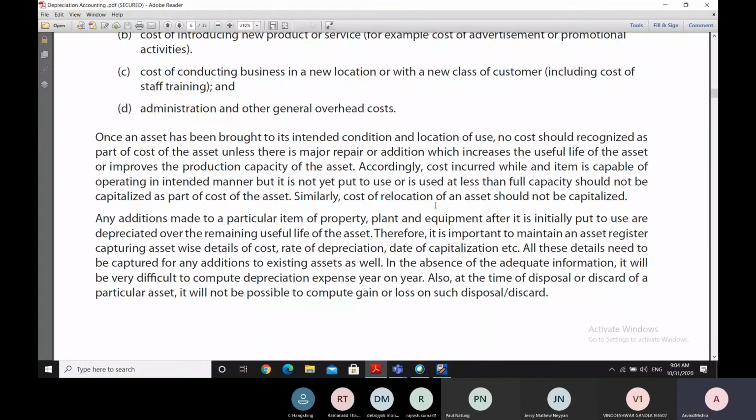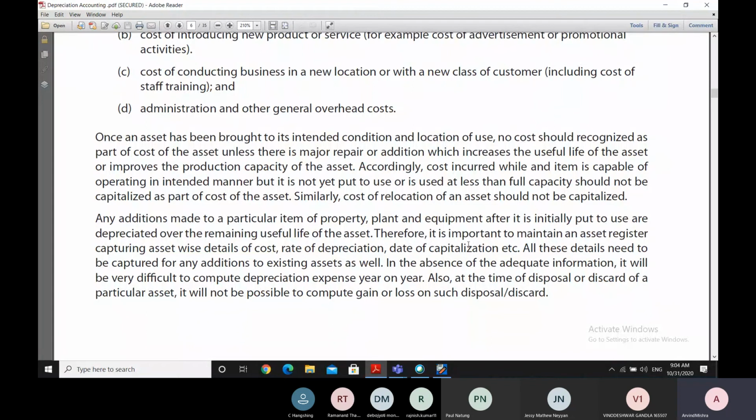Therefore, it is important that we maintain an asset register in which we have asset-wise details of the cost of the asset, the rate of depreciation that we are allowing, and the date when it was capitalized, because from the date it is capitalized, depreciation would become available to it.